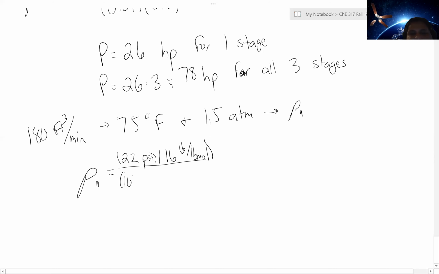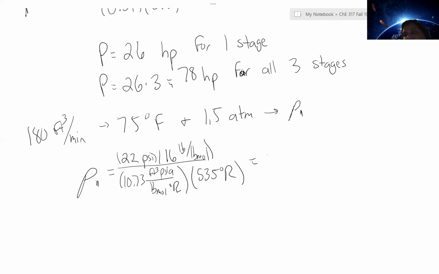R would be 10.73 cubic feet PSIA per pound mole R. Temperature 75 Fahrenheit, and in Rankine is 535. So if I did this calculation, I'd have 22 times 16 divided by 10.73 divided by 535. So I get a density of approximately 0.0613 pound mass per cubic foot.